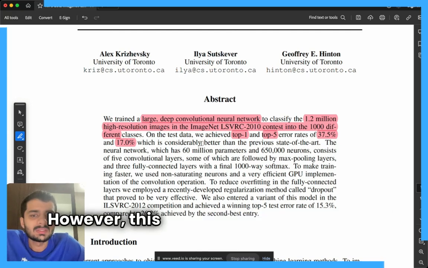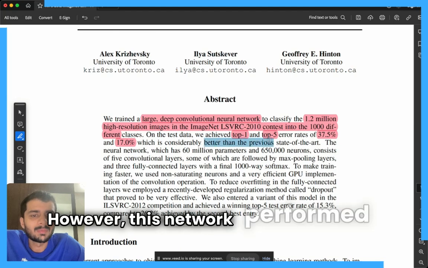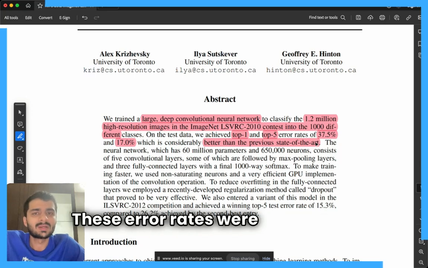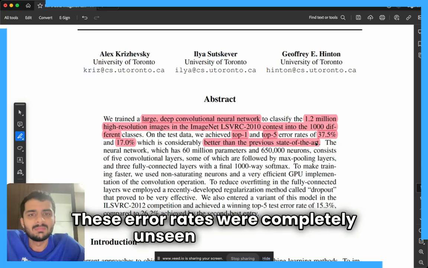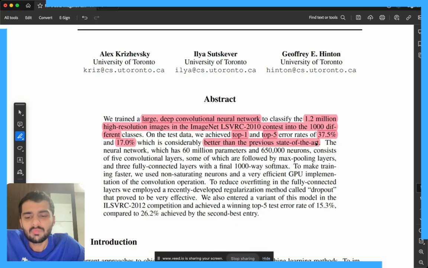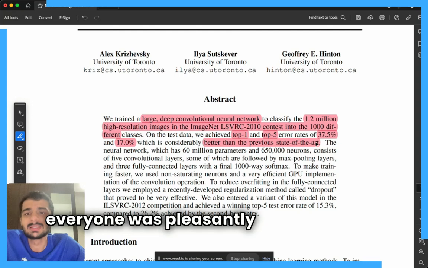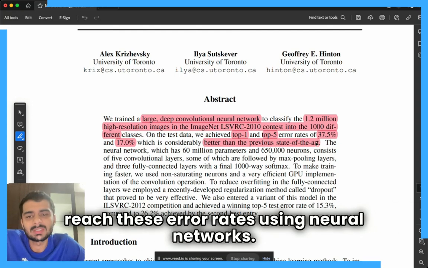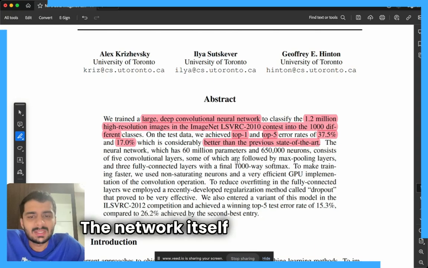However, this network performed better than the previous state of the art. These error rates were completely unseen before, and everyone was pleasantly surprised that we can reach these error rates using neural networks. The network itself was quite big.